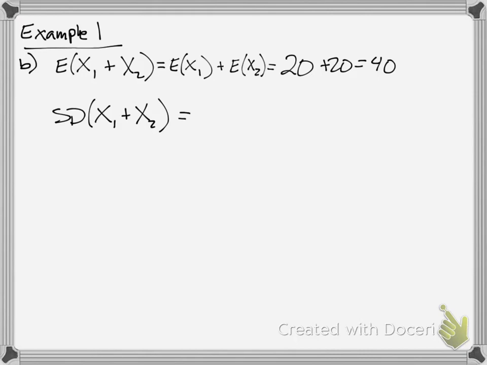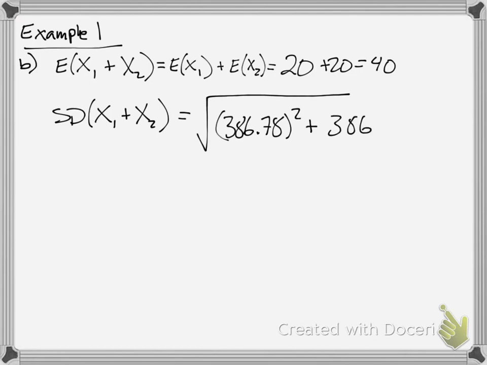So that's going to be the square root of our standard deviation squared, so 386.78 squared. And remember, it doesn't matter if we add random variables or if we subtract random variables, we always add them together. And we get, so we're going to add, our second one was $386.78 squared.